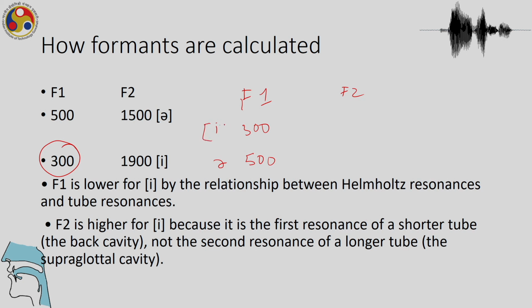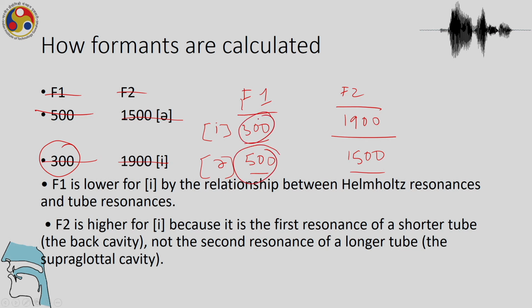So this is E, this is schwa, and F2 for the vowel E is much higher at 1900, and lower for the vowel schwa at 1500. So E has these two formant frequencies and schwa has 500 and 1500. F1 is lower, as we can see: only 300 for E, compared to 500 for schwa. So this is lower.